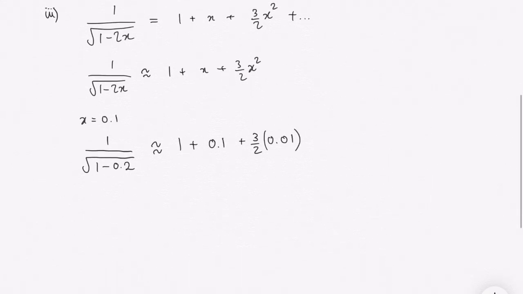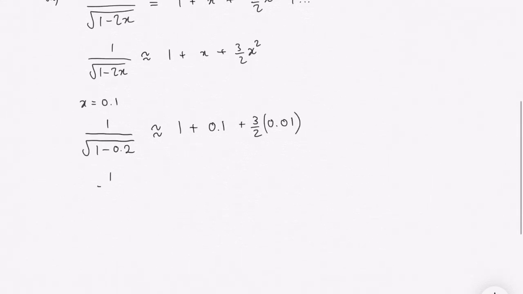Well, this left-hand side is just 1 over the square root of 0.8, which is nice because we were asked about 1 over the square root of 0.8 in part 2. And this right-hand side is equal to 1.1 plus 3 over 2 times 1 over 100.